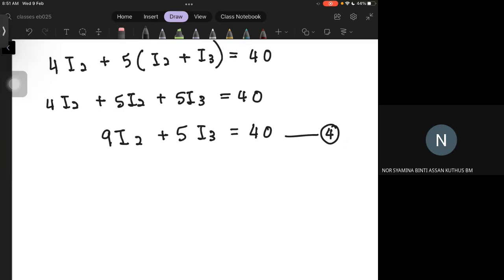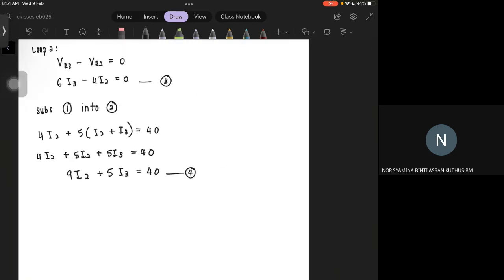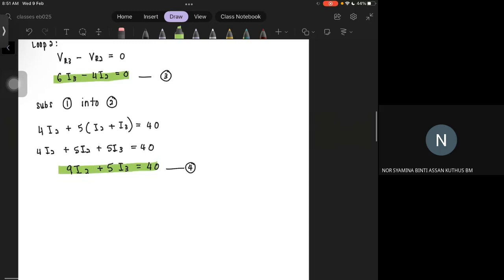Sekarang awak bolehlah jadikan antara equation 3 dengan equation 4. Substitute lah masuk mana-mana pun boleh. Okay, nak terus tolak terus pun boleh. Awak boleh atur balik. 5I3 plus 9I2 equals to 40, equation 5.